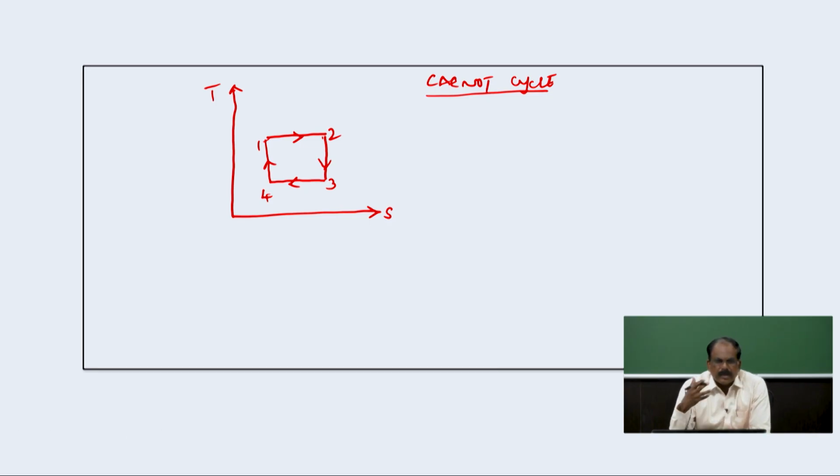From the thermal reservoir source, heat is supplied during the process 1 to 2. So this is Q1. Q1 is the amount of heat supplied by the heat source, which is a thermal reservoir.